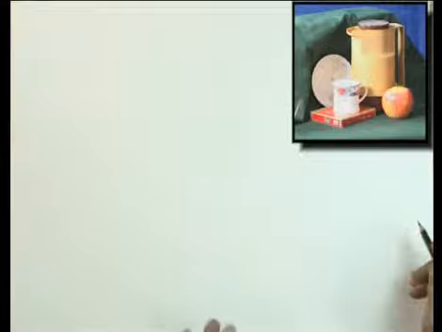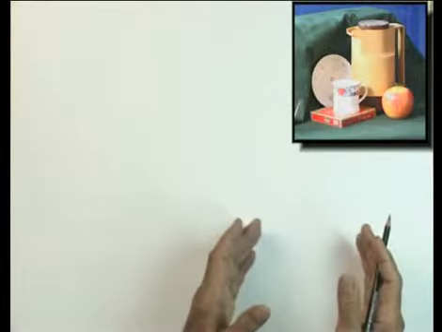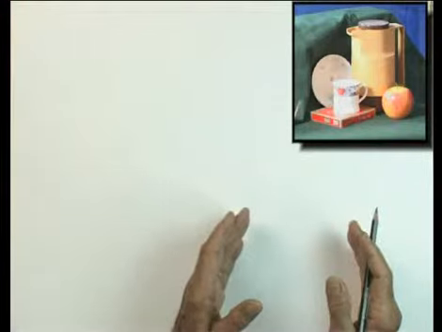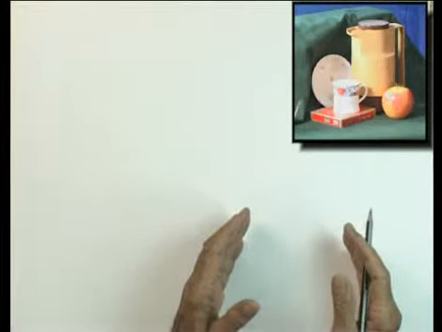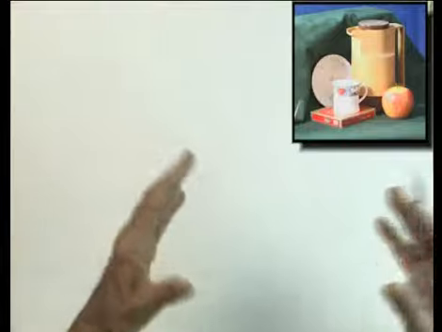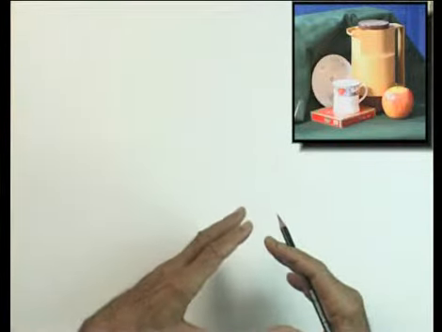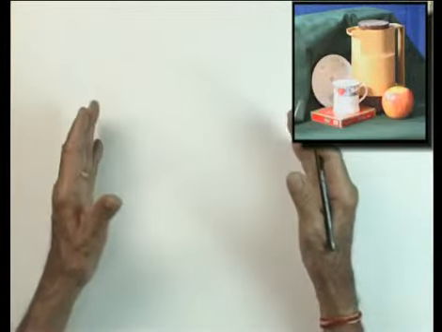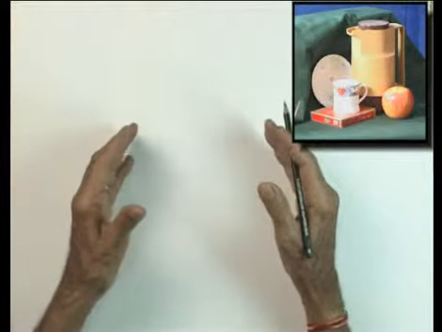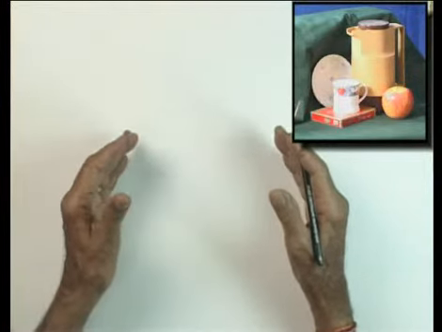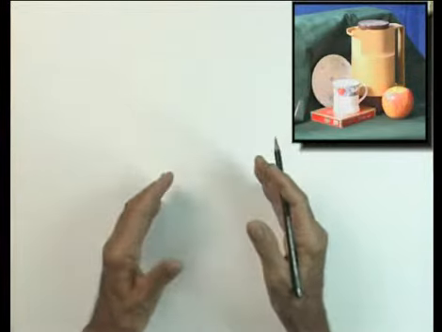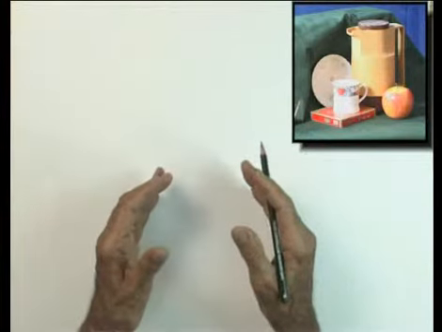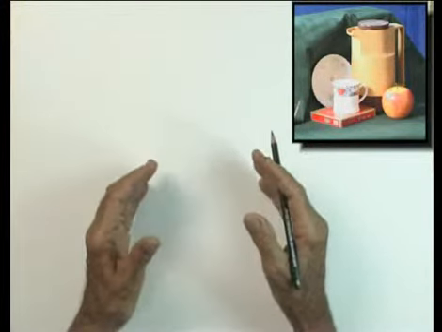Now to proceed, I try to first visualize it. Not necessarily immediately I start drawing from that. I must watch the objects, the group of objects before me. I should try to make an optical analysis of the various forms and the implied forms of the various objects.